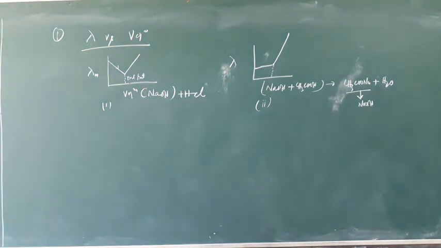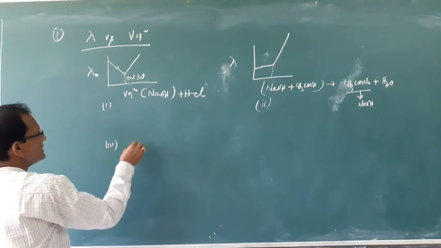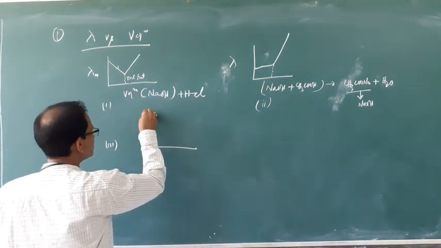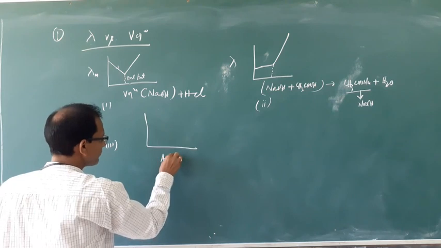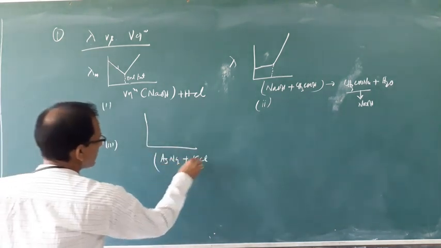Similarly, if you take two salts, the third one is like this, AgNO3 and KCl.